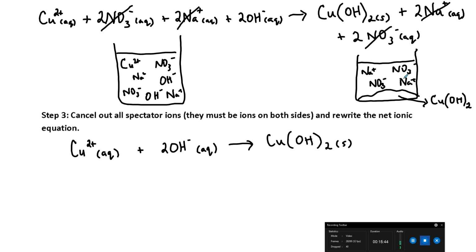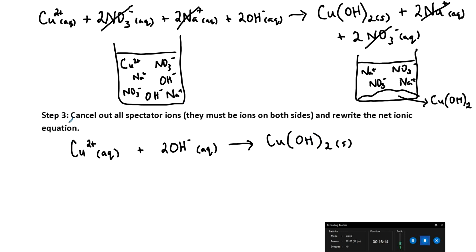So because that is really all that's actually changed, these ions stayed doing what they were doing. We're just showing what changed. That's the net ionic equation. The other stuff, they just were there, they were present, but they were just kind of hanging out watching, spectators. So the net ionic is showing what species actually changed during this reaction.